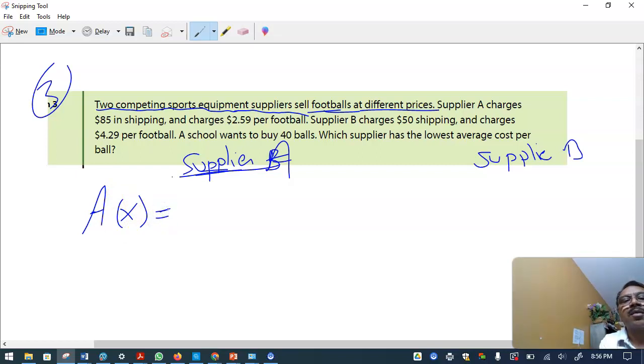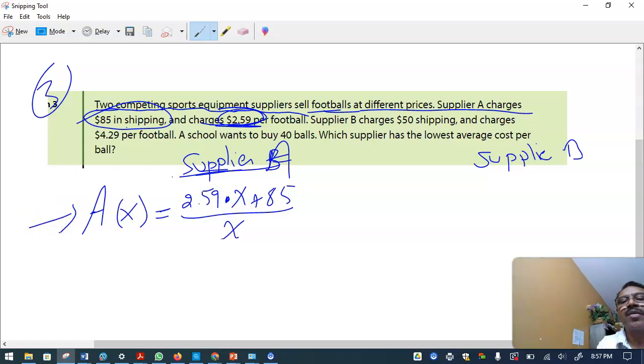So you have X number of footballs, and because A charges $85 in shipping, that's a fixed amount, so I'll put $85 and charges 2.59, so it is 2.59 times the number of footballs. So this is the equation for the first one.